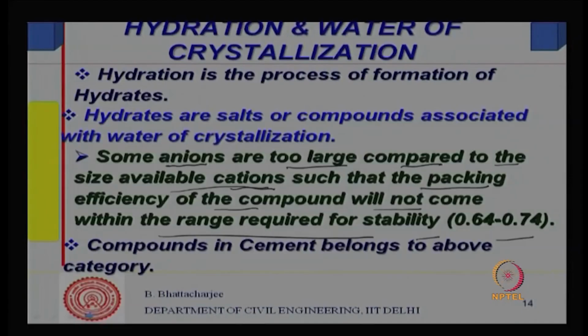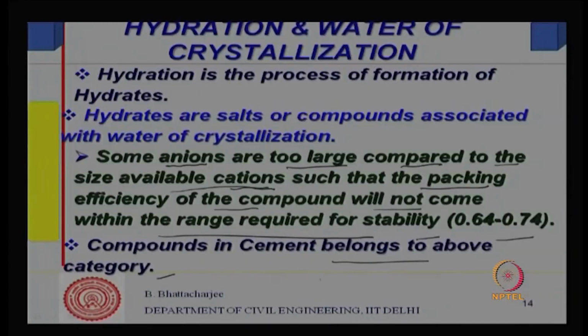And when you do not have a stable packing density, they actually take water. Cement belongs to this kind of compound, because the calcium cations are small, and these small calcium cations with large anions do not give a stable packing density. In such a situation, what happens?